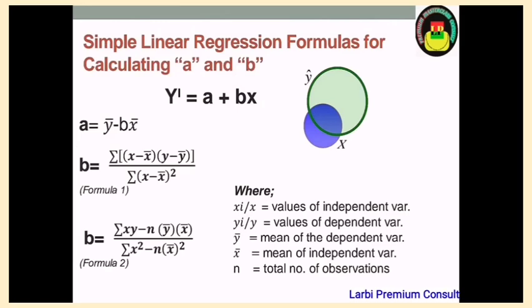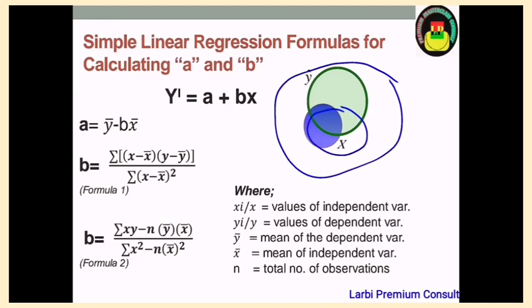There is a way that we can determine the individual components in the equation y is equal to ax plus b, where y is the dependent variable. You see this small diagram: the amount of x is influencing the amount of y.